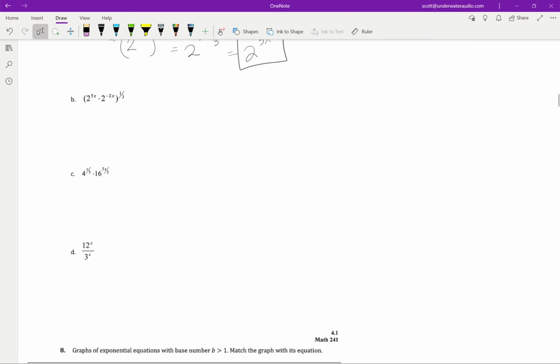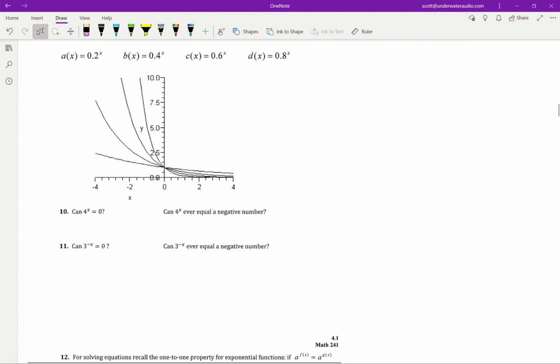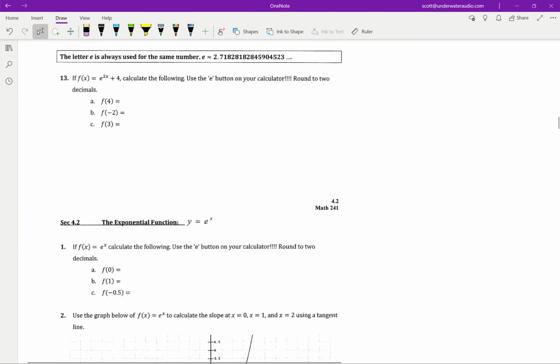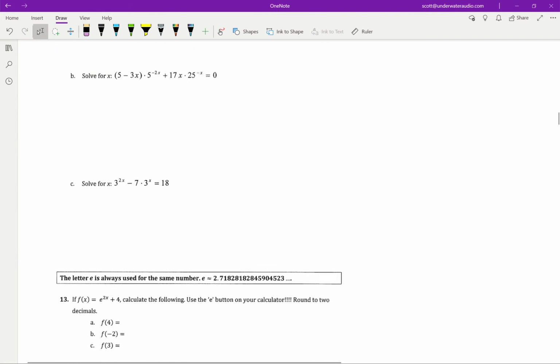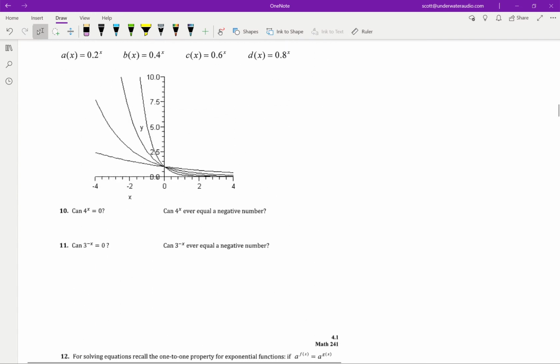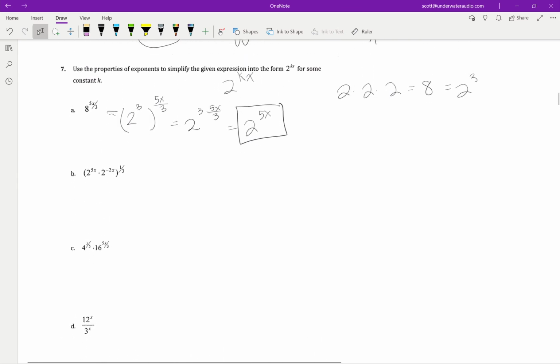So let's see how long I've got left in this section. Okay, quite a bit. Okay, I think I'll just finish. Yeah, let's just finish this number 7, and then we'll quit and take a break. So for this one, I would start by combining. So I've got 2 to a power times 2 to a power.